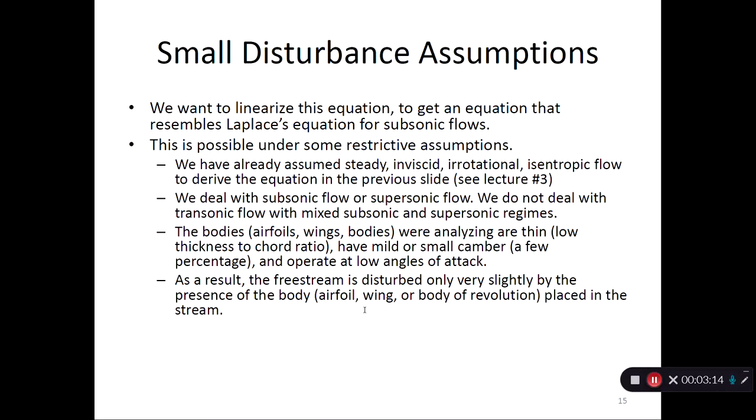But near the body, it does get disturbed, but only by a small amount. So think of a very, very thin foil-like shape. You put it in the air. Yes, the flow will deflect about the foil shape, follow the contour of the foil. But if the foil shape is not very curved, small curvature, then it's going to be very slight velocity changes. So this is what we assume.